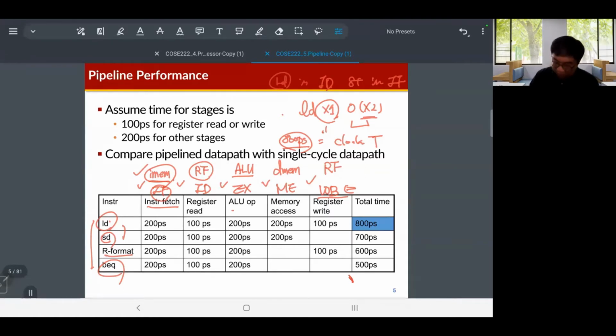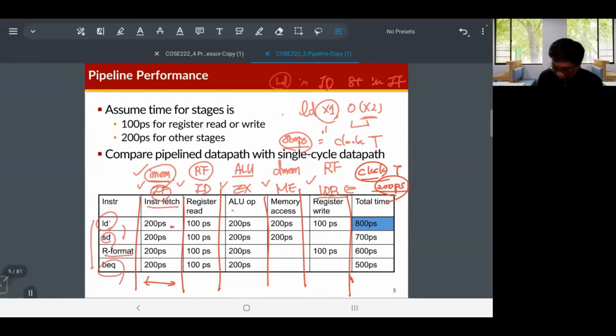What is the longest delay? It's 200 picosecond, right? So the longest delay becomes 200 picosecond. So which means that we can set the clock period as 200 picosecond for the pipeline architecture. Okay, because this is the longest delay.